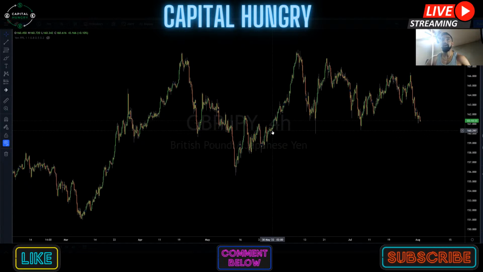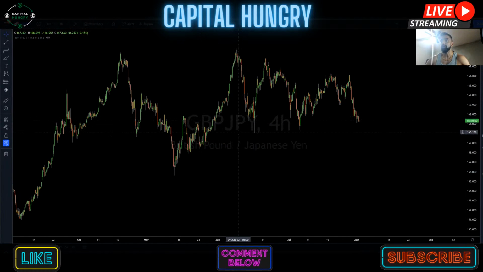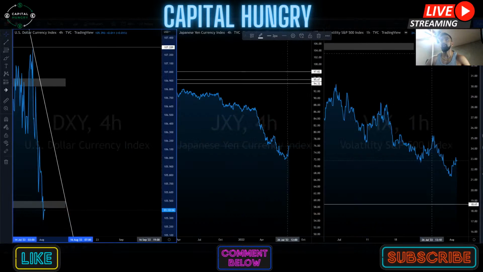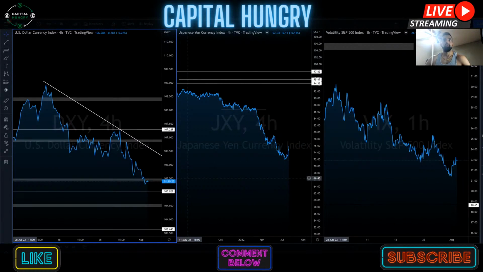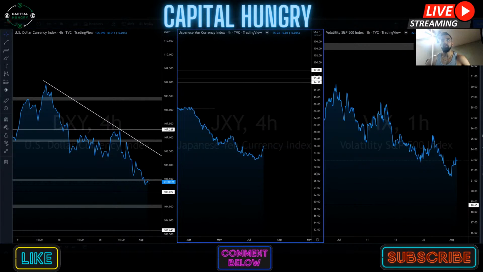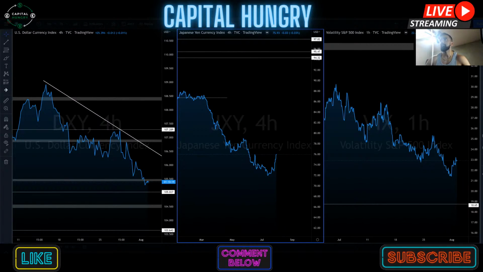At the same time, the secondary in this currency pair, the Japanese yen, is short-term bullish, right? So the Japanese yen is just short-term bullish against higher time frame bearish structure, where it can still come to 77, even 78 before turning bearish again and revisiting these lows.